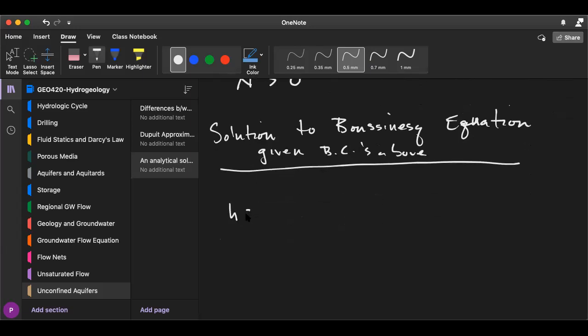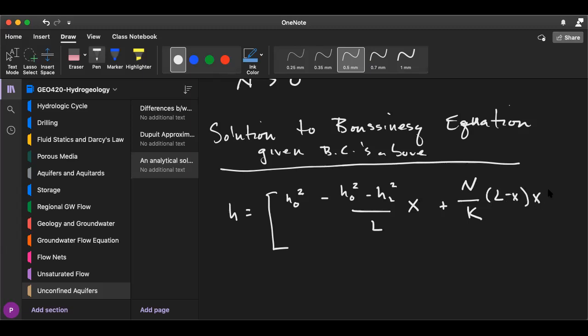The height of the water table is equal to H naught squared minus H naught squared minus H L squared over L times X plus N over K times L minus X times X, all to the 1/2.